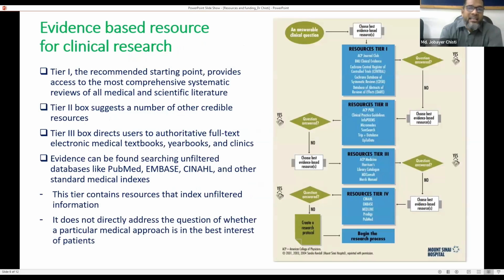And if you see the hierarchy of evidence-based resources for clinical research, you can find that there are at least 4 tiers.